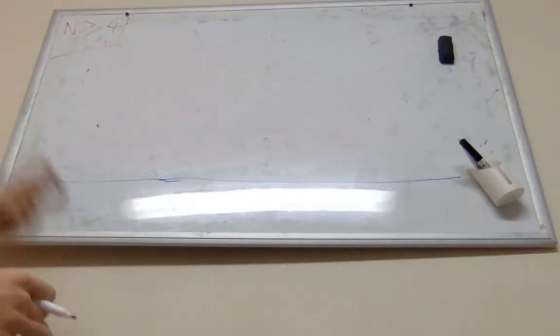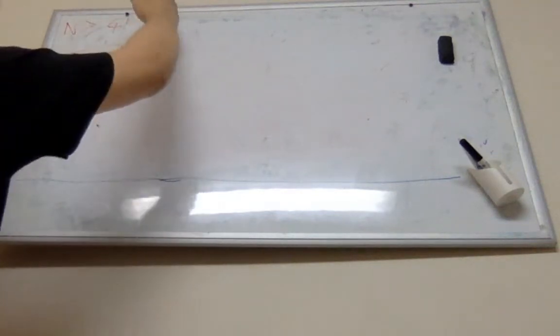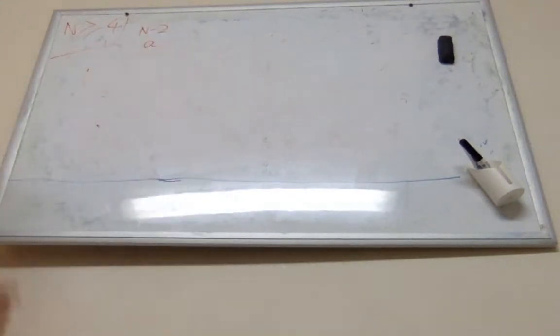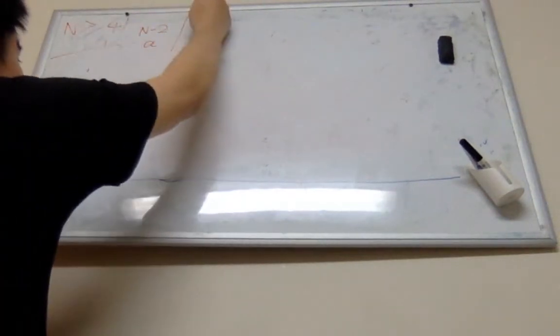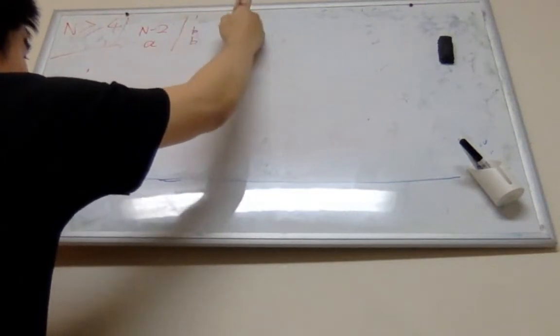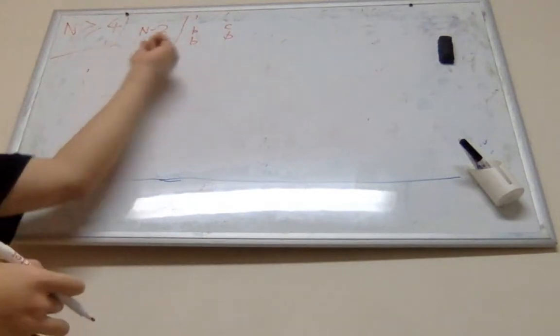So to make our lives easier, let's try something like n minus 2 of them being the same, and the other two can be different, whether you have B, C, or B and B, where all these things are different from A.